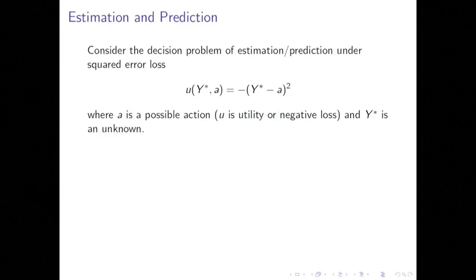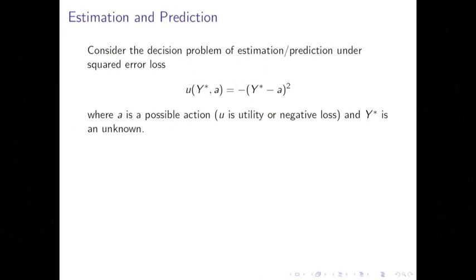But if we want to report an estimate, we could consider prediction or estimation. If we were to adopt a squared error loss, then we might consider a decision theory perspective. This function u is going to represent the utility of taking a particular action A when the true state of nature is y star.